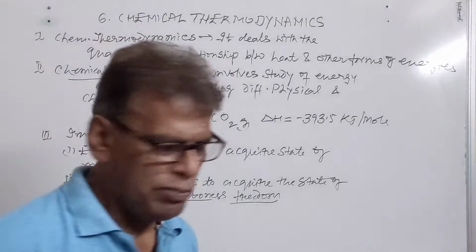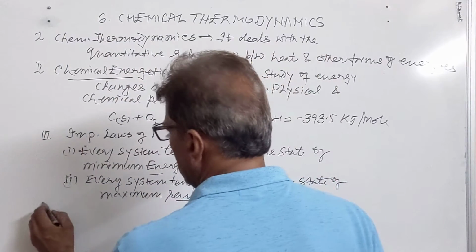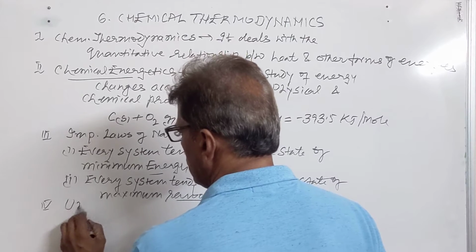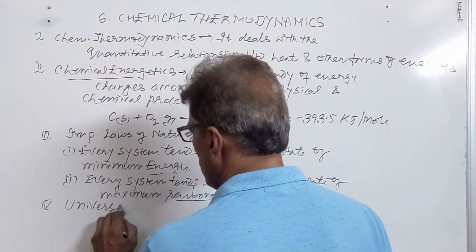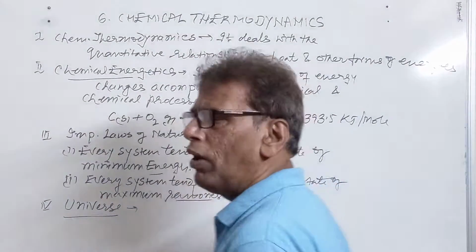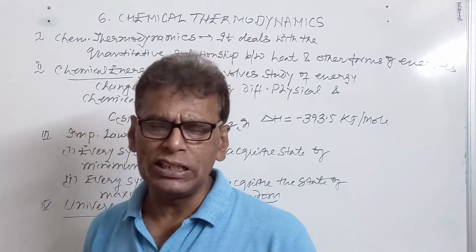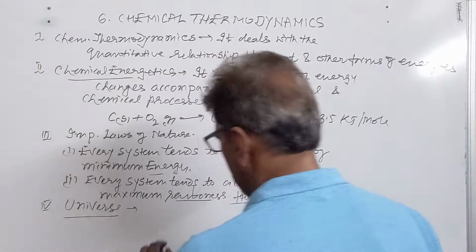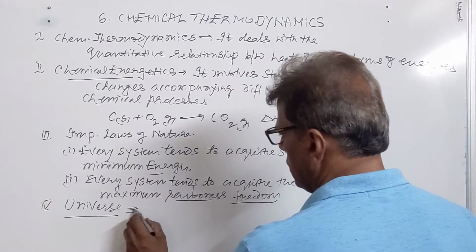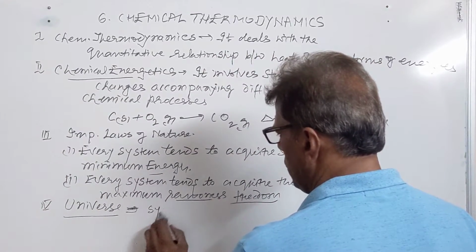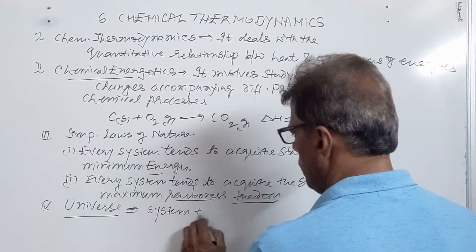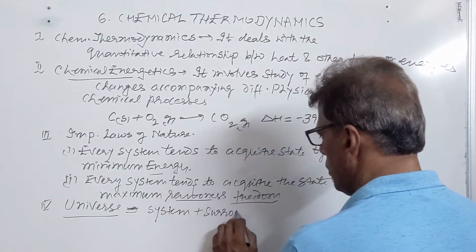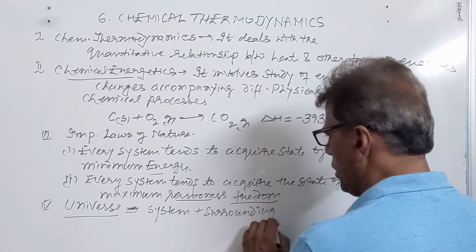Then we come to the important definitions. We have universe. The whole of the mass and energy which constitutes our sun, stars and planets is called the universe. And universe is equal to system plus surrounding. So universe is made of two parts.